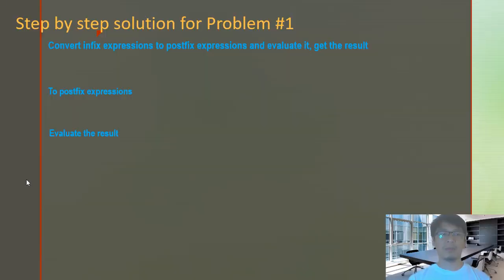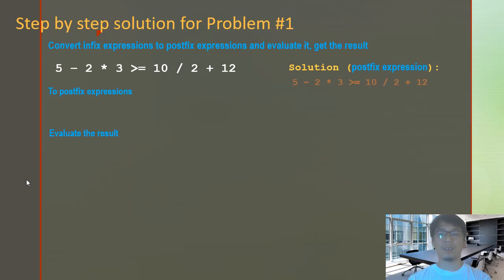Now we have to convert the infix expression to postfix expression and evaluate it to get the result. We have the expression given above, so all you have to do is convert to postfix. The infix expression is 5 minus 2 times 3 greater than or equal 10 divided by 2 plus 12.